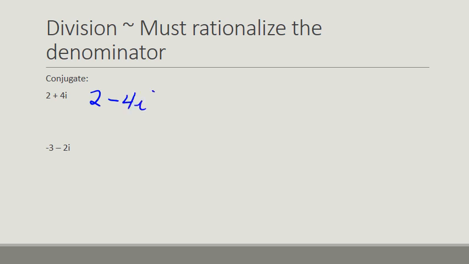It has to do with the difference of squares, because if you were to multiply these, it would knock out the middle term. 2 times negative 4i is negative 8i, and 4i times 2 is positive 8i. Right? In the second case, for the conjugate, we keep the first term the same, negative 3, and then we change the operation to its opposite. So negative 3 plus 2i.